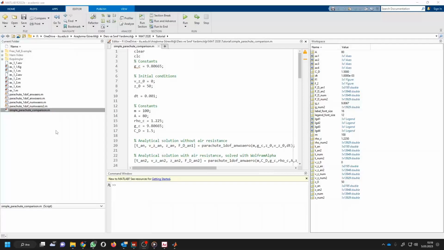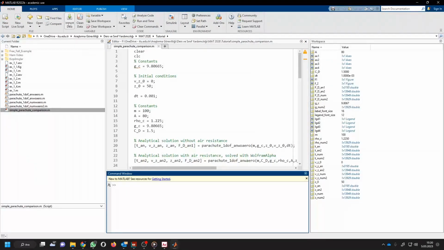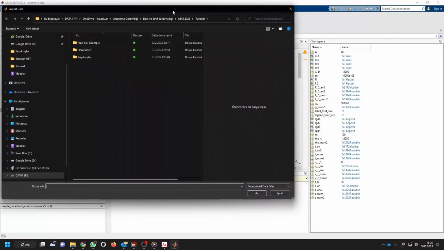Now I will add the results from Adams for the initial position of 50 meters and dt equals 0.001 solution. I will use the import data command of MATLAB.